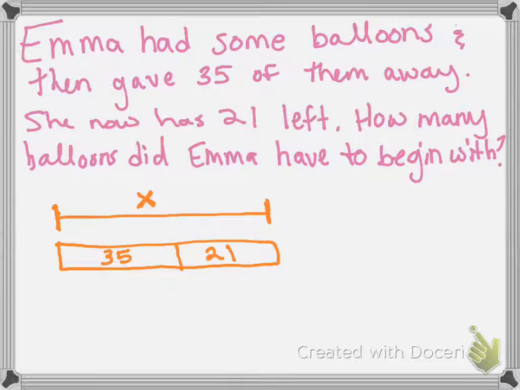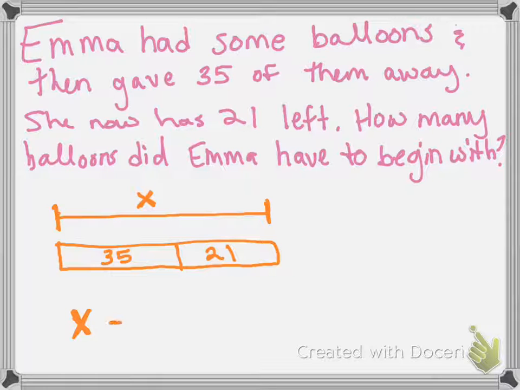So first we draw our picture. That's showing me that you can draw a picture from a word problem. And then we need to write an equation. So the equation would be, we do not know what she started with. That's what we're trying to figure out. So X just represents we don't know that number.